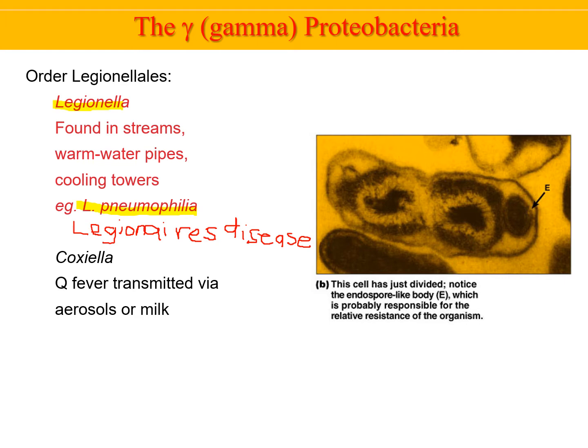Ventilation systems in buildings can pick it up, have it growing in the system and blow it into the building.